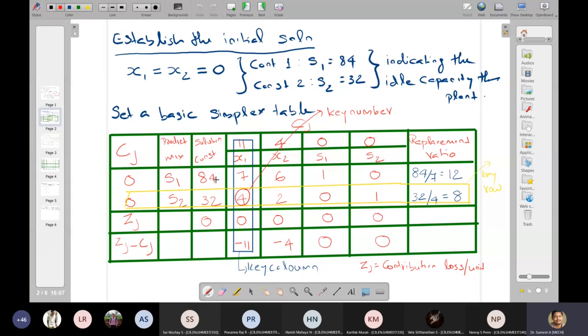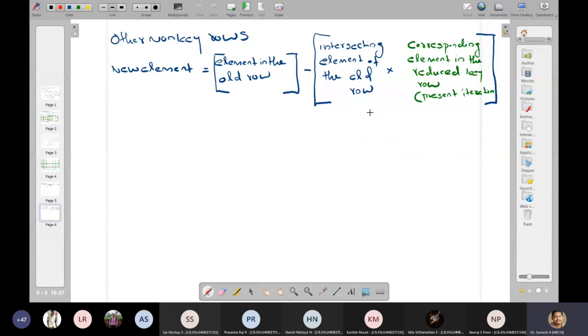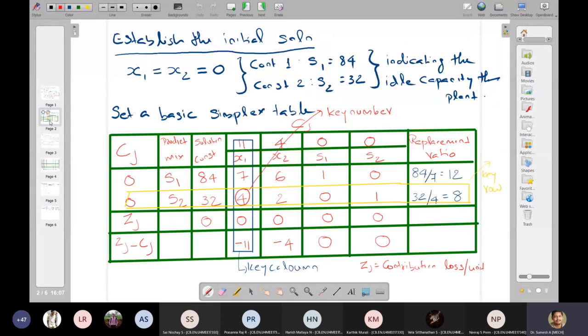So 84 minus, inside the bracket, the intersecting element of the old row. The intersecting element is 7. In the old row it is 7 and that 7 remains constant. Any doubt?